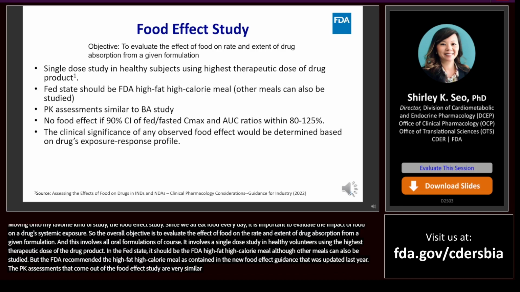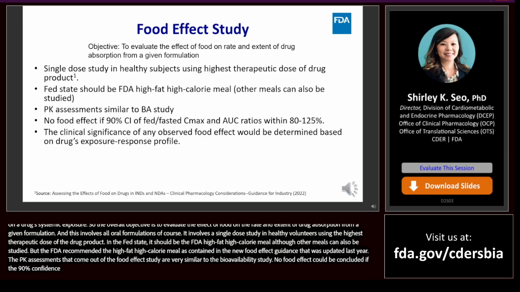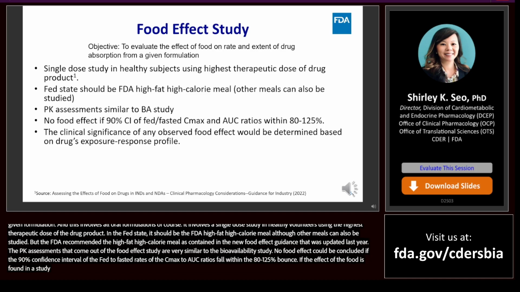No food effect could be concluded if the 90% confidence interval of the fed to fasted ratios for Cmax and AUC fall within the 80 to 125% bounds. If an effect of food is found in a study like this, the clinical significance of it would be determined based on a drug's exposure response profile.